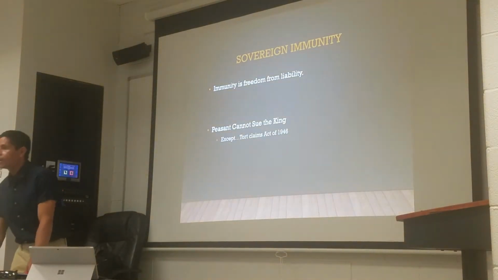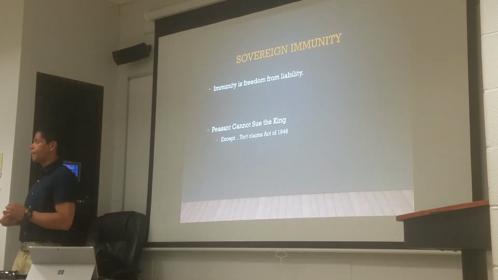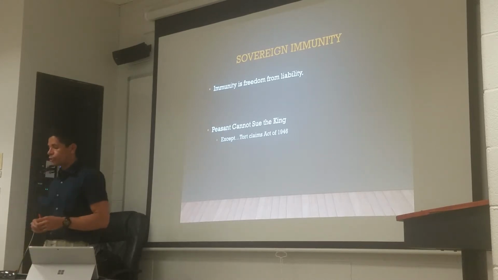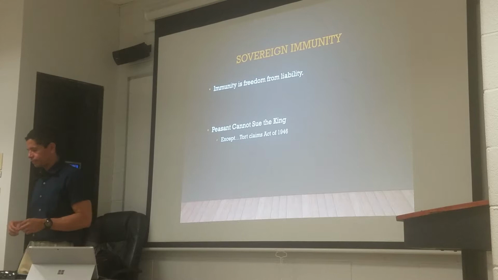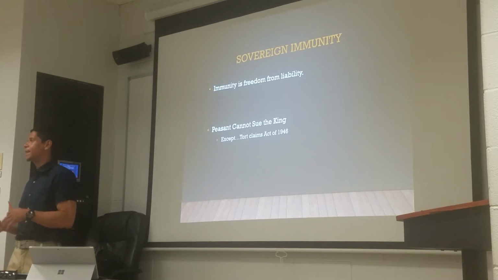The next body of law in which you can frame your defense against negligence under common law is sovereign immunity. Immunity pretty much means that one or an entity is free from liability. It's based on the notion that the peasant cannot sue the king.